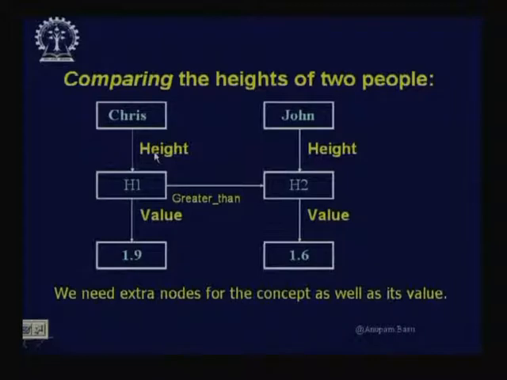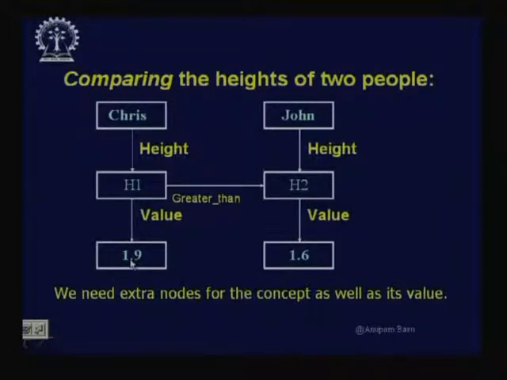So, you see that we have already brought in one new relationship called value. Now, for the sake of comparison, we can establish another new relationship between h1 and h2 and state that h1 is greater than h2. So, from this augmented semantic net, we can say that the height of Chris is h1 and the height of John is h2, and h1 is greater than h2. Therefore, I can compare the height of Chris and John.